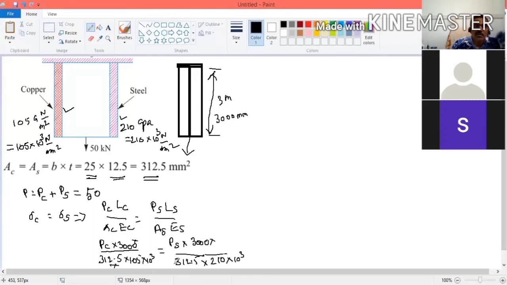The area is also common, you can cancel. Only Young's modulus is different. So from this you will get PS is equal to 2 times PC. This is a relation you will get, right?